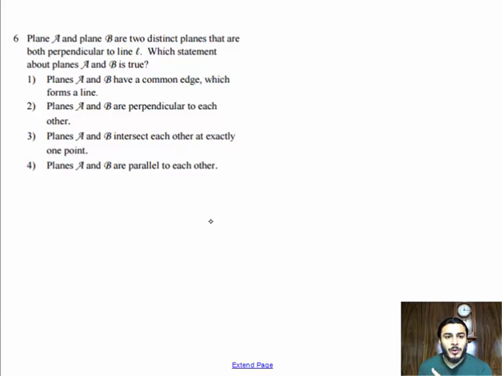Okay, number 6 says plane A and plane B are two distinct planes that are both perpendicular to line L. Which statement about planes A and B is true? So they are two distinct, two different planes.